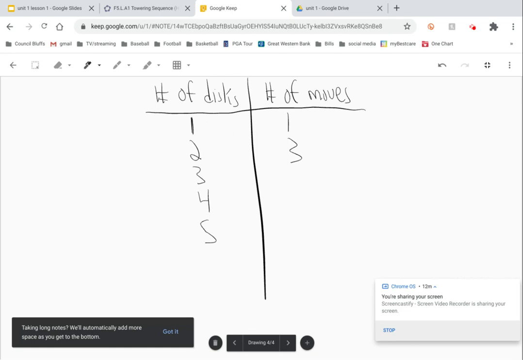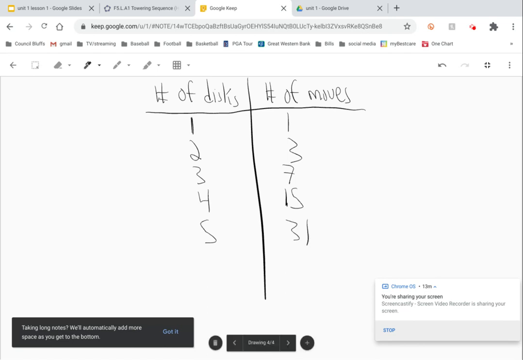Now, if you did it correctly, you can solve it with 3 disks in as little as 7 moves. Maybe you took more than 7, but 7 is the least you can do. With 4 disks, the least number of moves you can do it in is 15. And with 5 disks, if you really challenge yourself, the least number of moves you could do it in is 31.